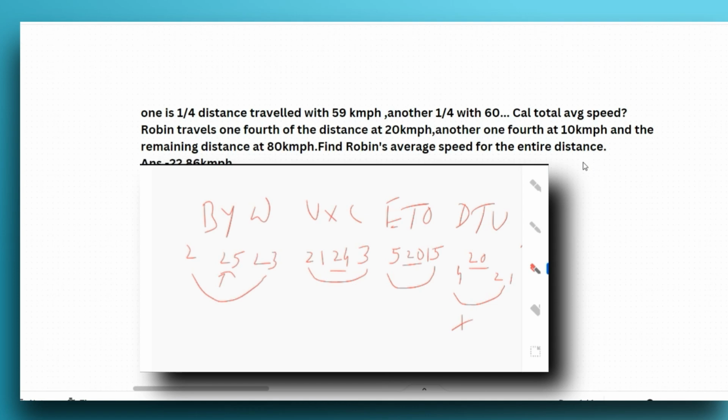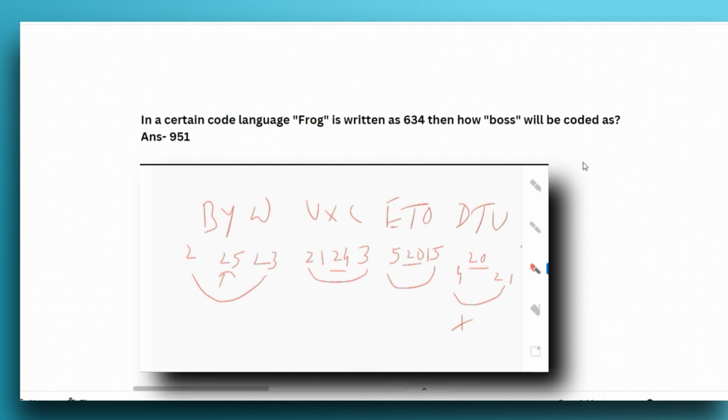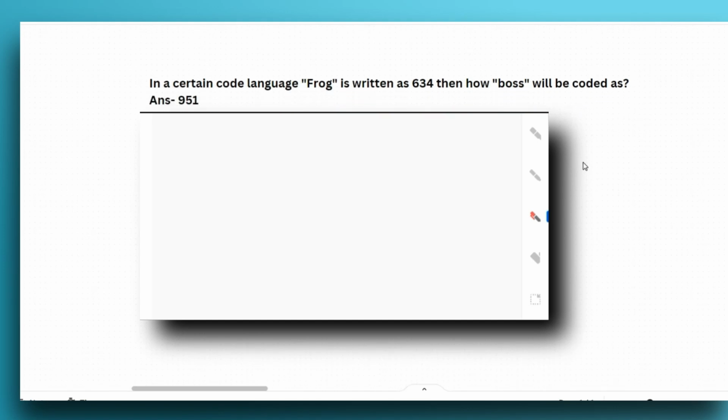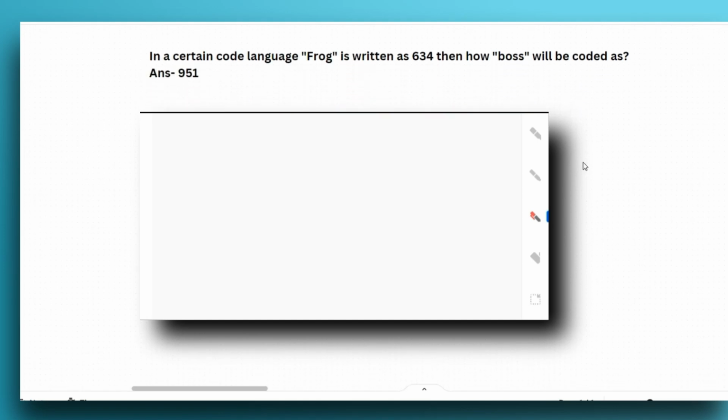Okay, so the next question is, in a certain code language, FROG is written as 634, then how will BOSS be coded? Let me show you how you will solve this problem. So how can FROG be written as 634?